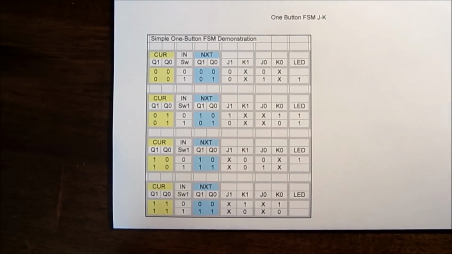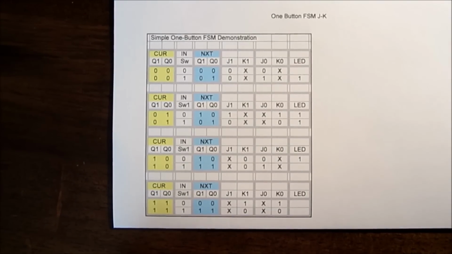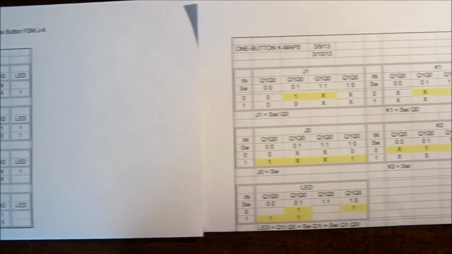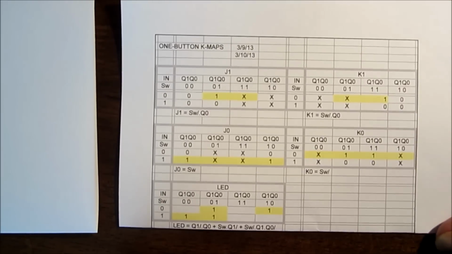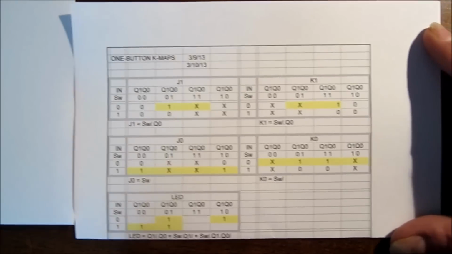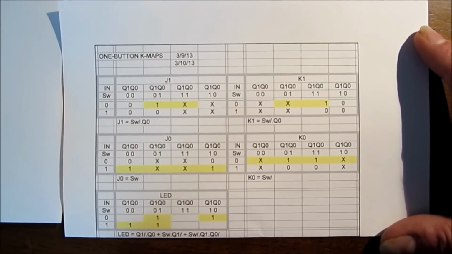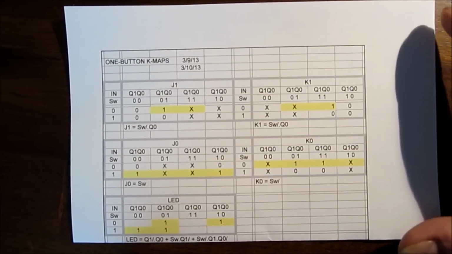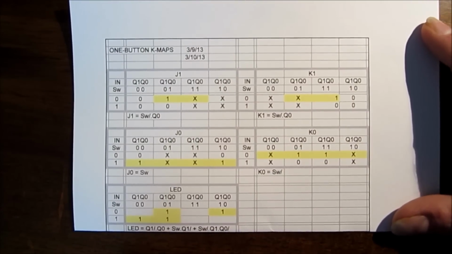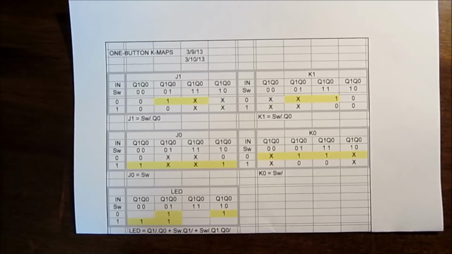So once we have that, we want to create another diagram, which is the Karnaugh map, however you like to pronounce it. This is an amazing tool that allows you to reduce all of the Boolean equations to a graphical format.